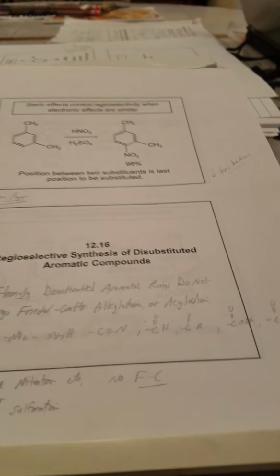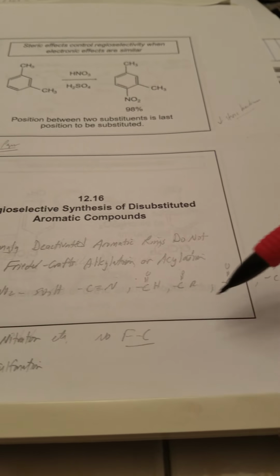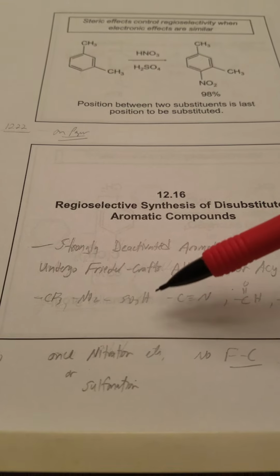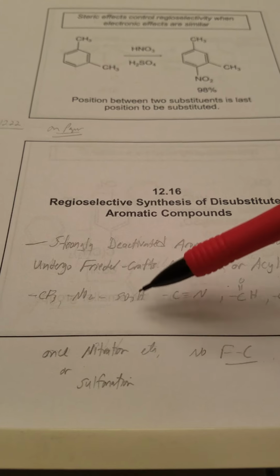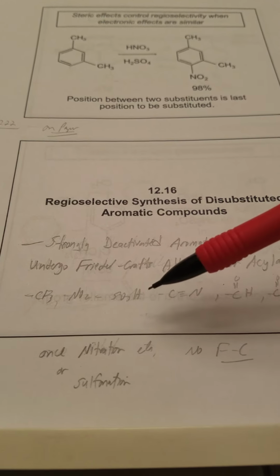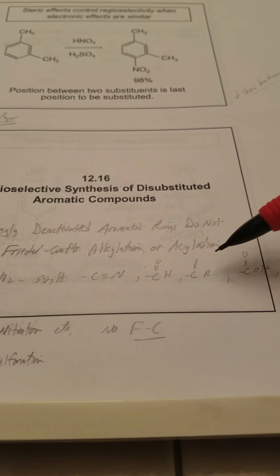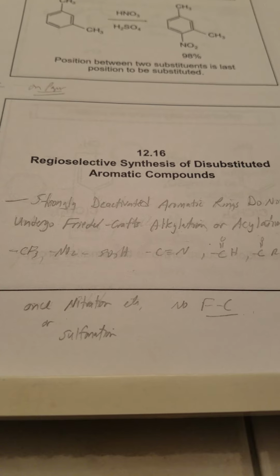So make sure you have that chart available to see what our strong deactivators are. In other words, if I do a nitration first, or if I do a sulfonation first, since we recognize those functional groups, then we cannot do a Friedel-Crafts alkylation or a Friedel-Crafts acylation afterward. So it is going to depend on what's already present as to whether or not a particular reaction can take place.